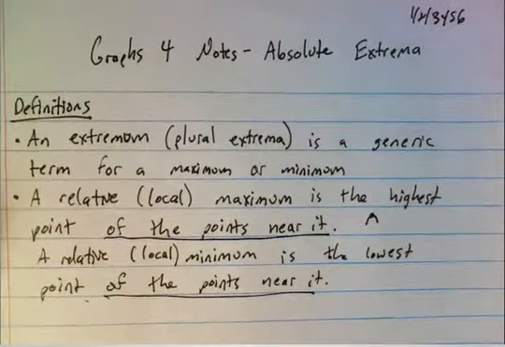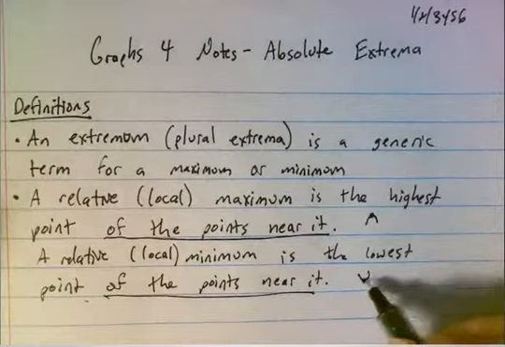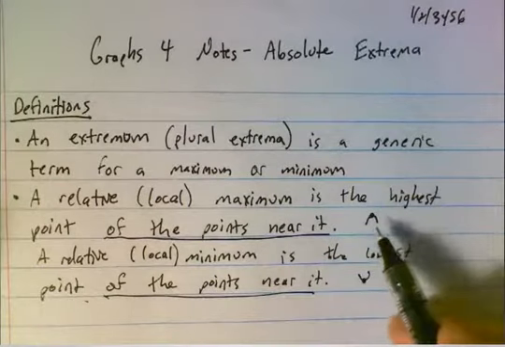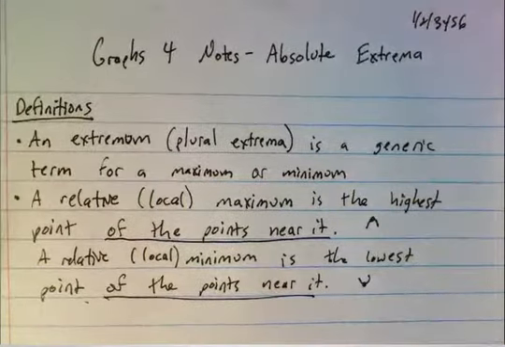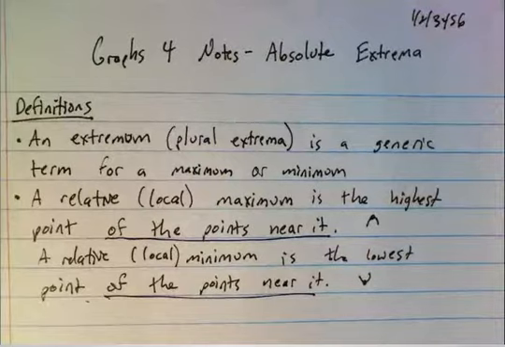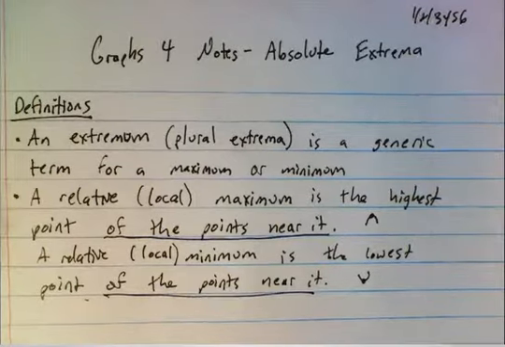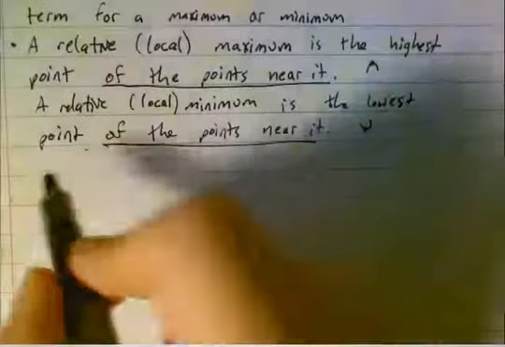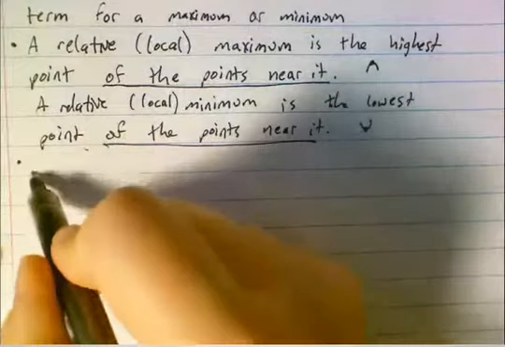Sometimes we don't just want to know what point is the lowest or the highest of the ones near it. Sometimes we want to know overall on the entire graph, what's the highest point, what's the lowest point. This is really useful for things like what's the highest amount of profit we can make as a company or something like that. That is called the absolute maximum or minimum.